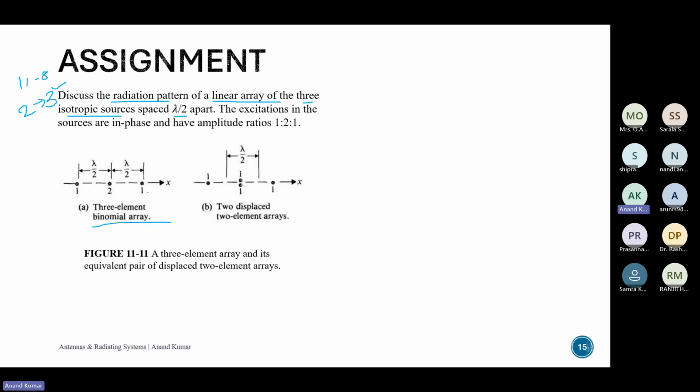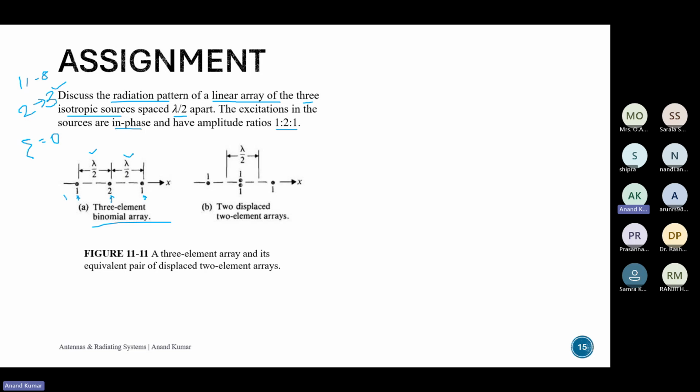So this is the configuration. We have three sources over here, and they are at lambda by two spacing. And the excitation, they are in phase. So it's basically xi equals 0, but they have the amplitude in the ratio 1 is to 2 is to 1. So the amplitude of this element is 1. Over here it is twice, and then it is again 1.